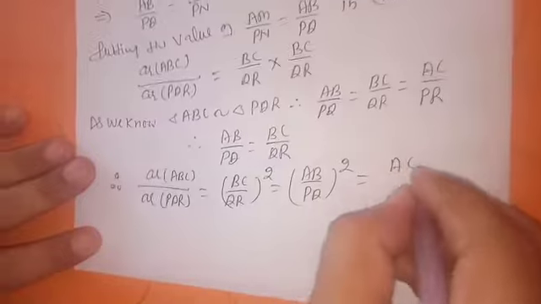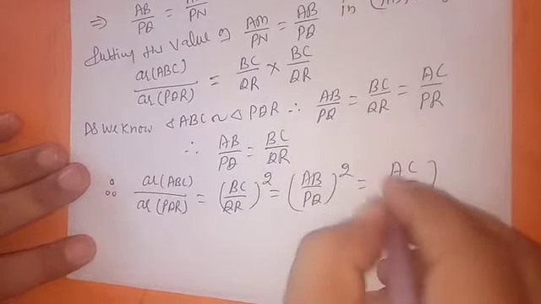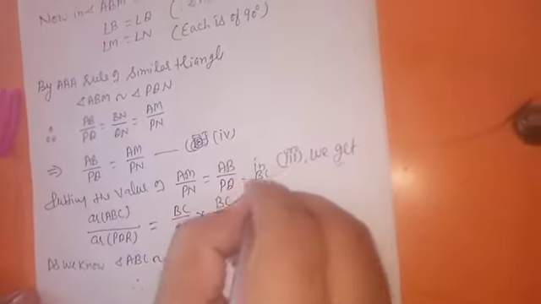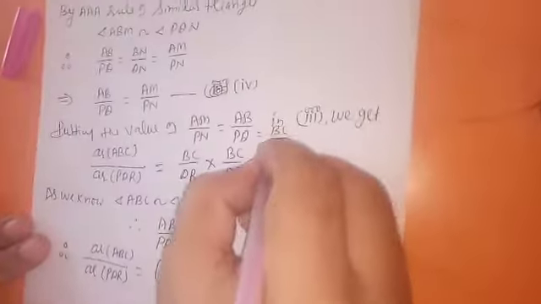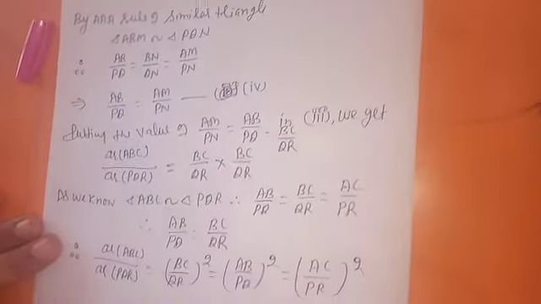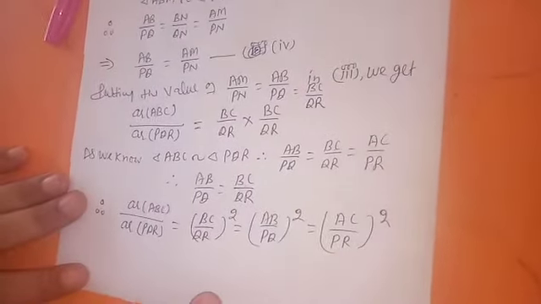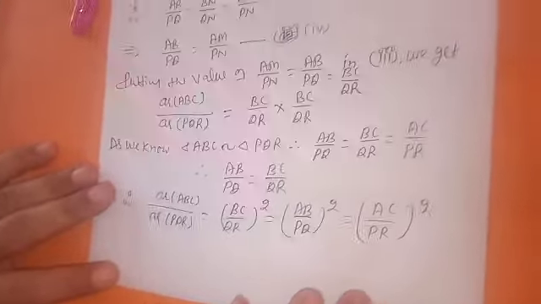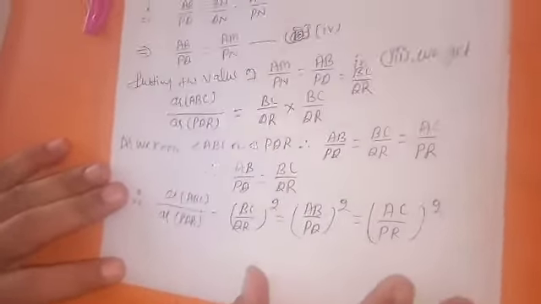AC by PR whole square. Here you can write this equal to BC by QR. Understood? So you can say like this. This is the proof of this theorem.